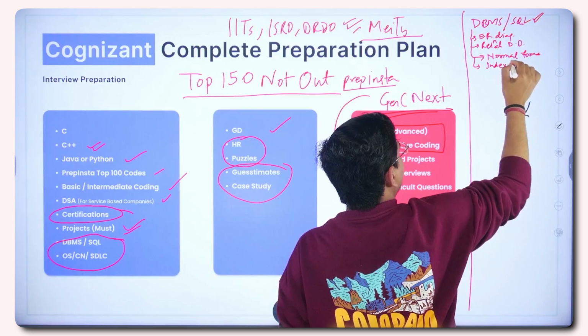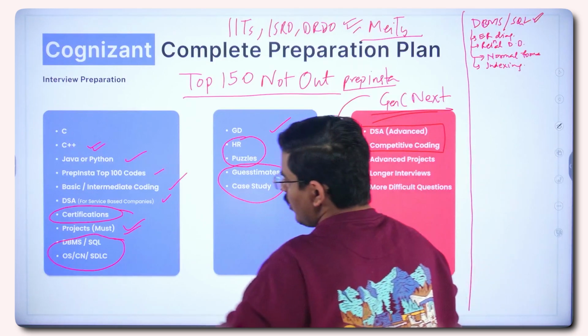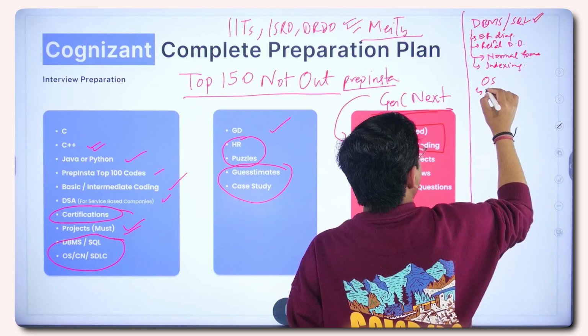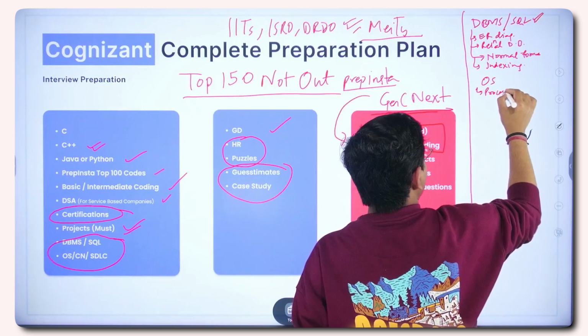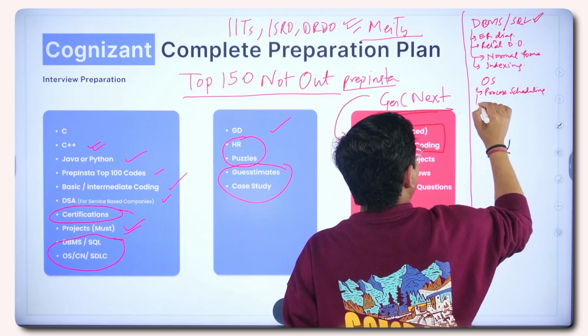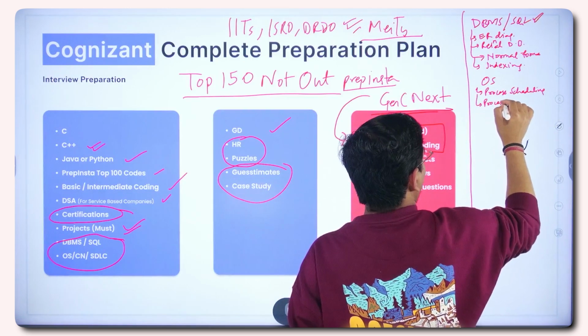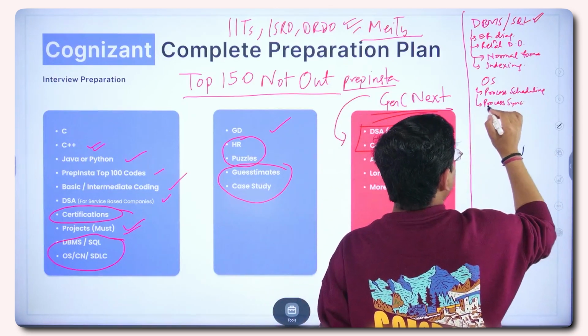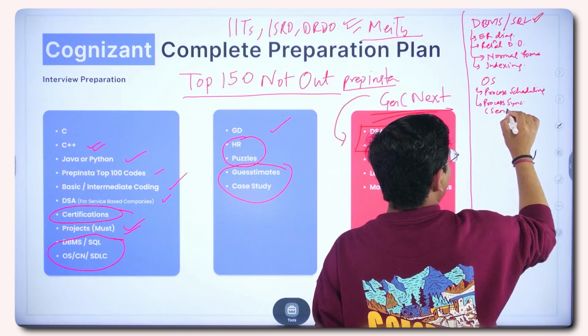indexing, enough. For OS, process scheduling, process synchronization. Now not full synchronization, सारा मत पढ़ने बैठ जाना, ठीक है? Just semaphores in it, fine.